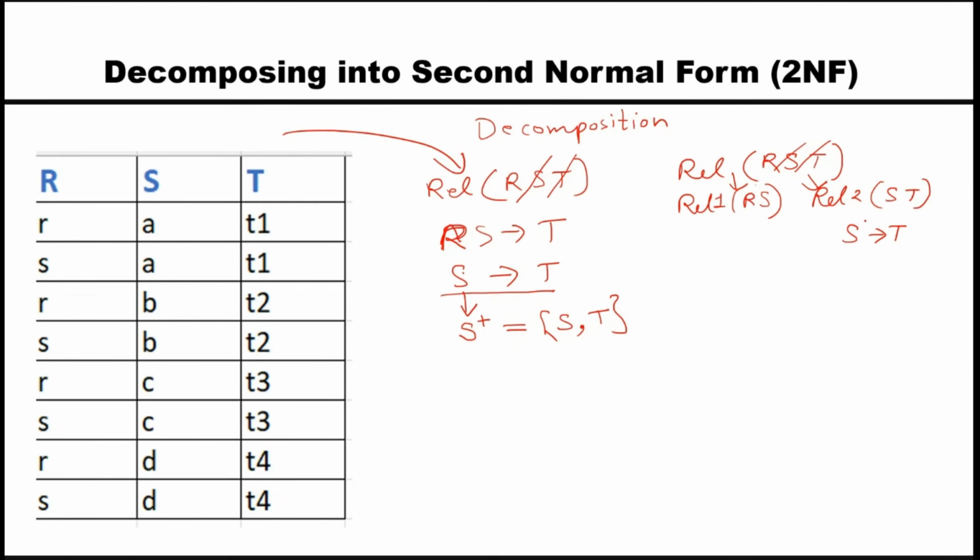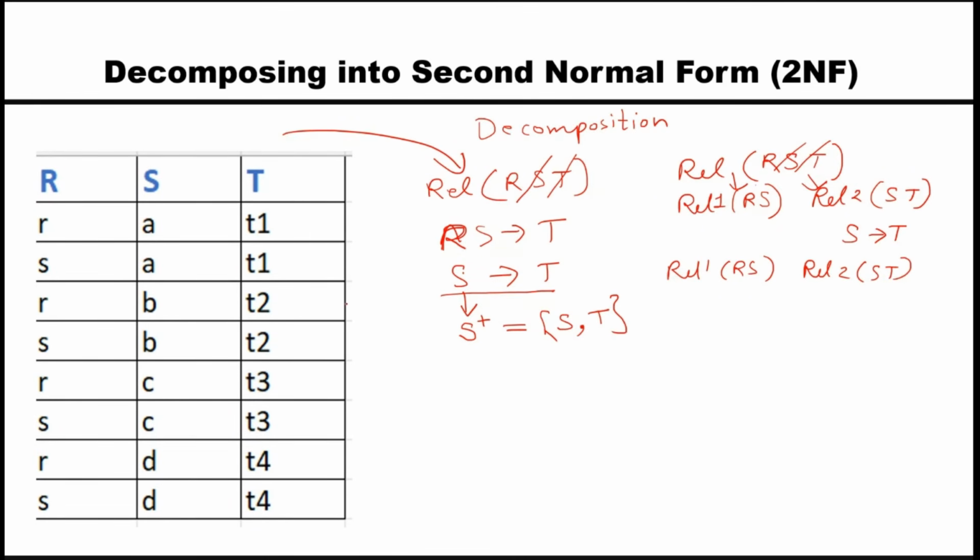Now, if you try to decompose this actual table, how will the table look? You said that relation 1 is RS and relation 2 is ST. So let's break down the table also.